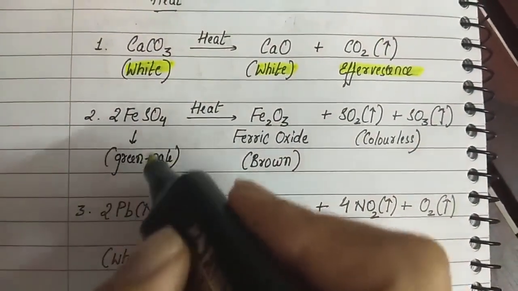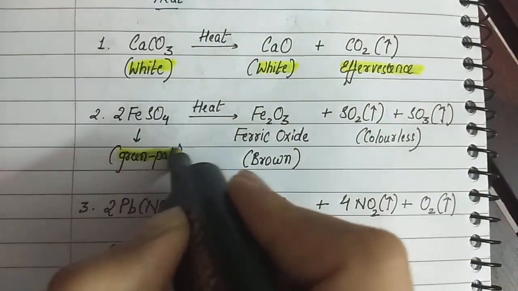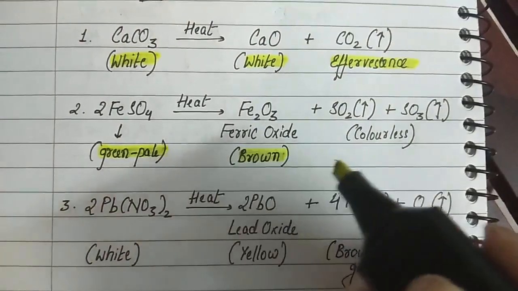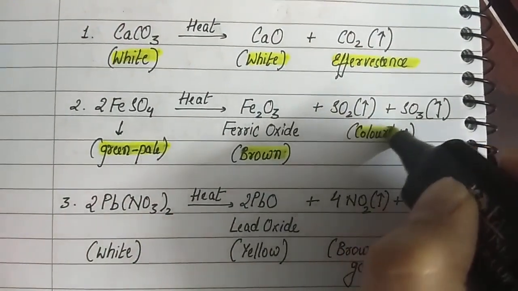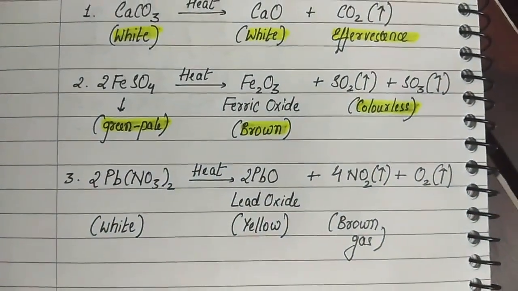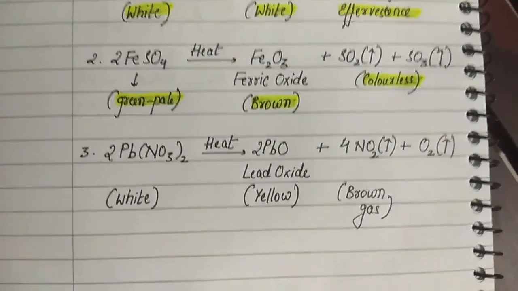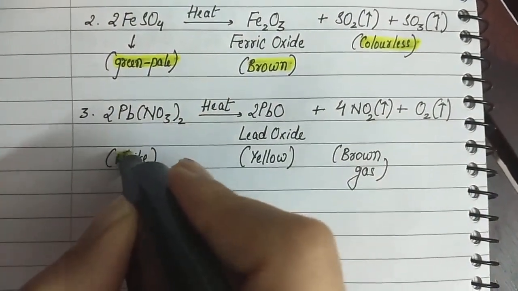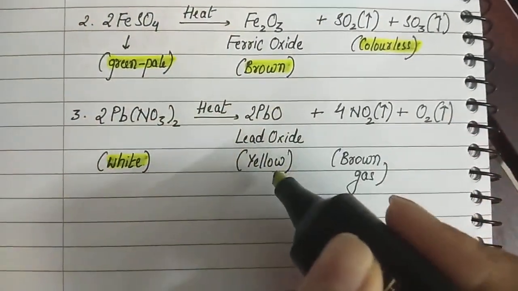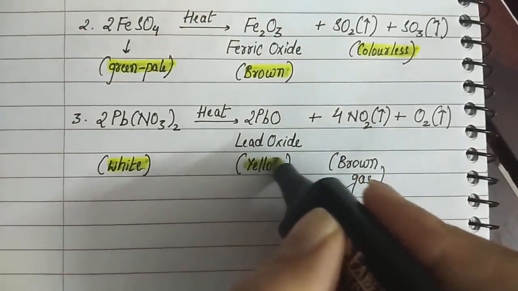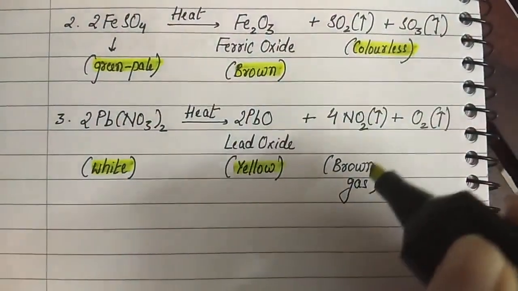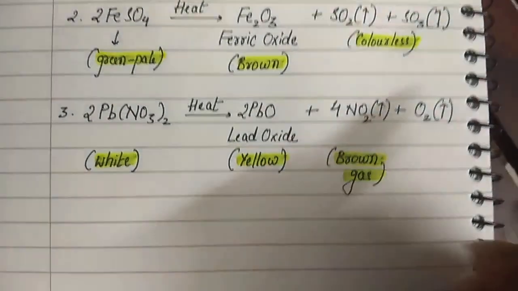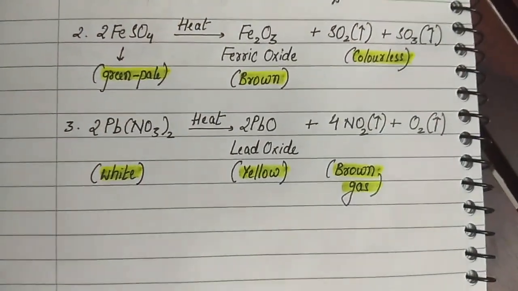In the next example, ferrous sulfate is a pale green colored solid which turns into a brown colored solid along with the evolution of two colorless gases, sulfur dioxide and sulfur trioxide. In the third example, we have a white colored solid lead nitrate which decomposes to give a yellow colored solid lead oxide, a brown colored gas nitrogen dioxide and a colorless gas oxygen.